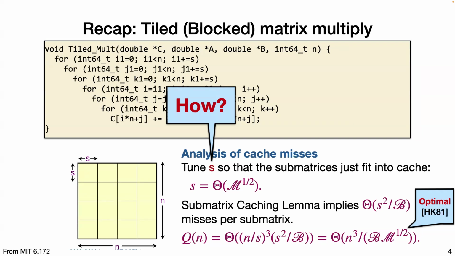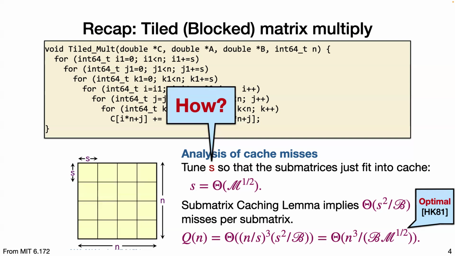And if you know the cache size, you choose your s such that each submatrix just fits in your cache. So s is like root M because the submatrices are s by s. And so it takes s squared over B cache misses to bring the submatrices into cache. But once you bring each subproblem into the cache, you don't need to incur any more misses because it is just there.